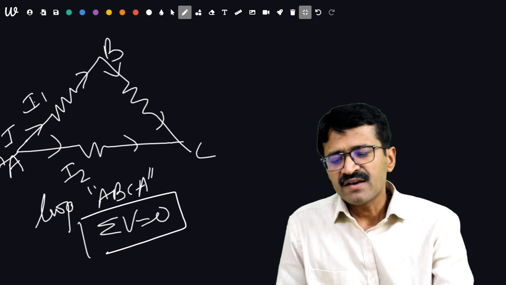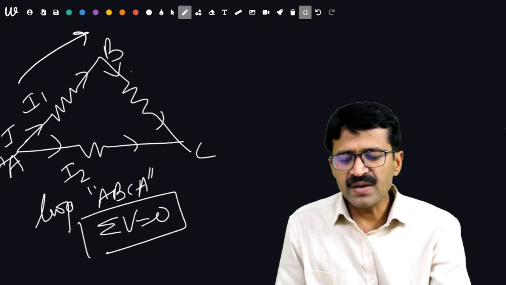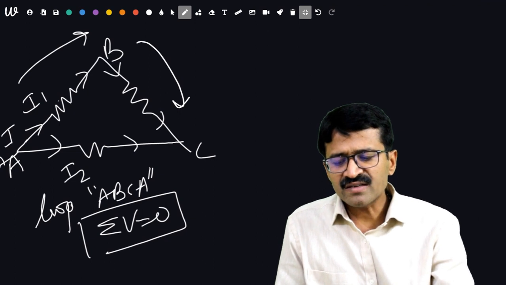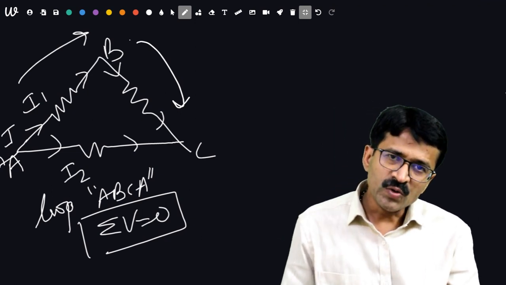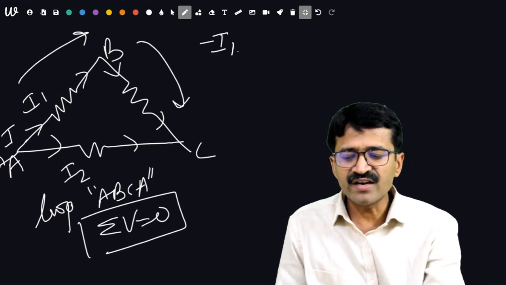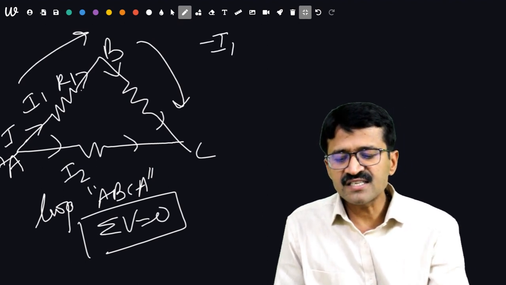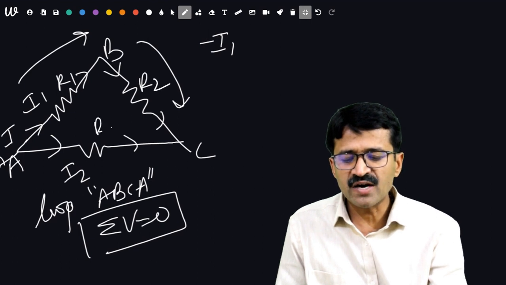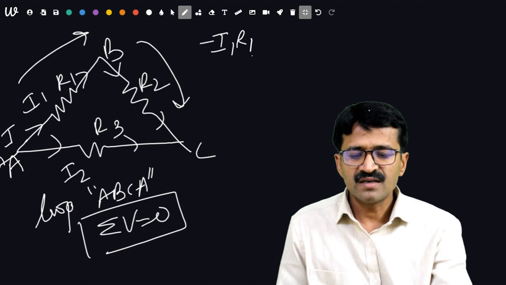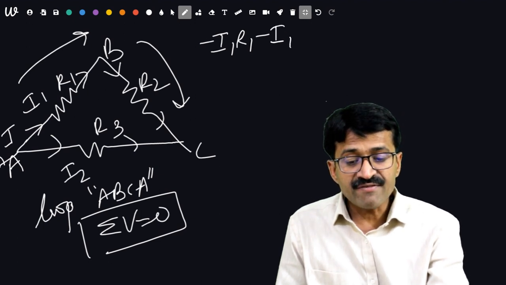Now sigma V, we are moving in this way, A, B, C, A. Then what happened? Along the direction of current, I have told you to take the potential difference negative. Then minus I1, this resistance is supposed to be R1, this is supposed to be R2, this is supposed to be R3. Then minus I1 R1 minus I1 R2.